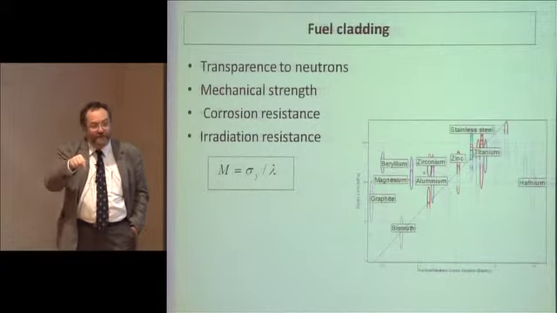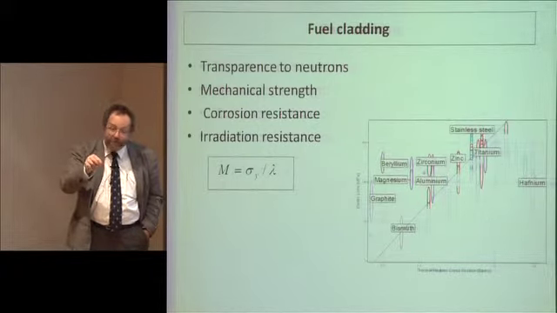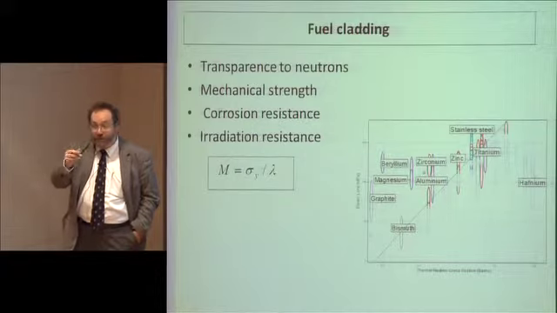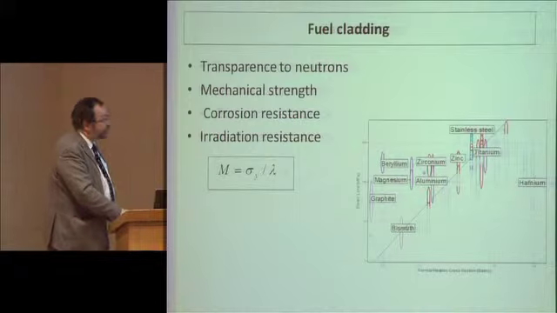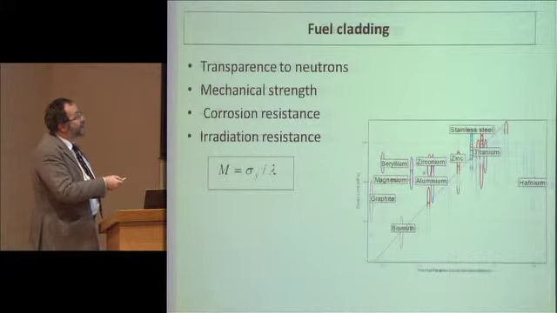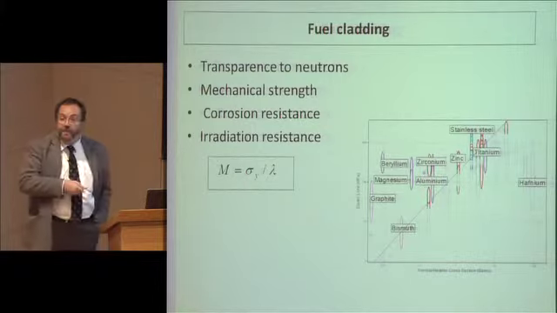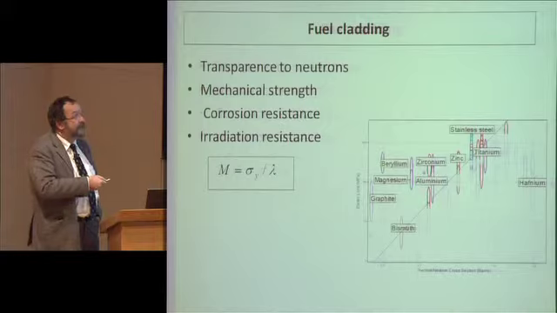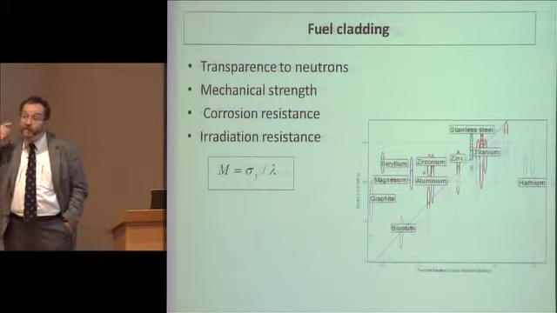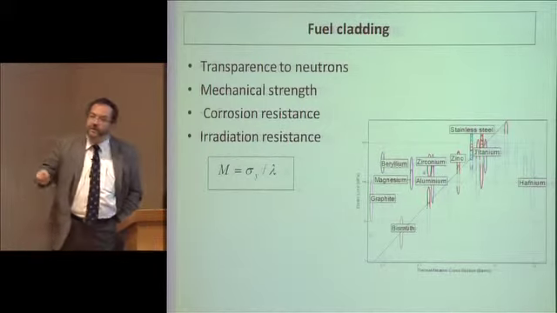If it's very thin, it would withstand the pressure within. So it's better if it was thick. You have a performance index, and the performance index says that you need to find something that maximizes mechanical resistance to a given temperature, resistance to creep, or capacity to absorb neutrons.